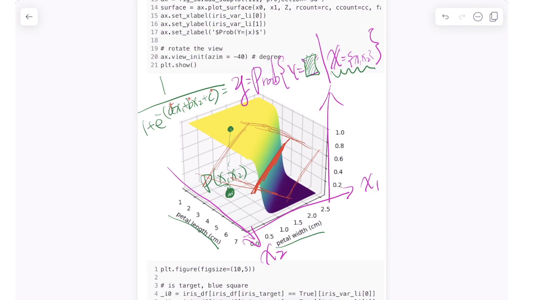If your value is right here, and the corresponding probability is lower than that surface, which is 0.5, then your y hat will be 0. You'll be classified into class 0.